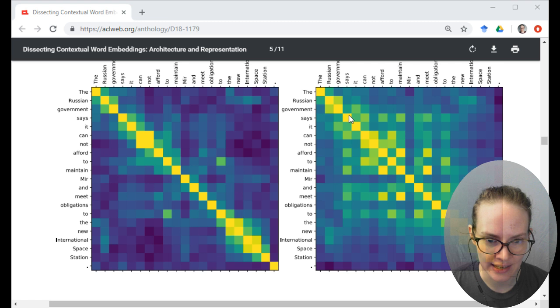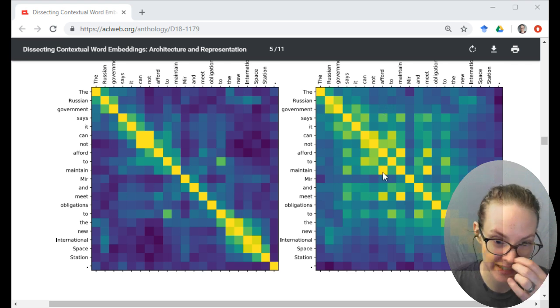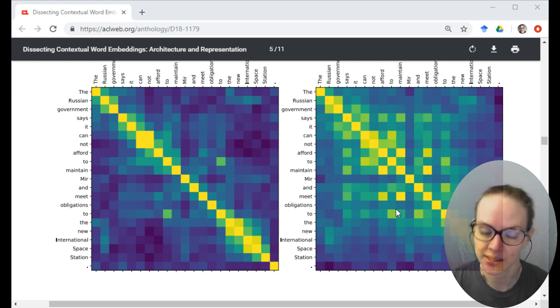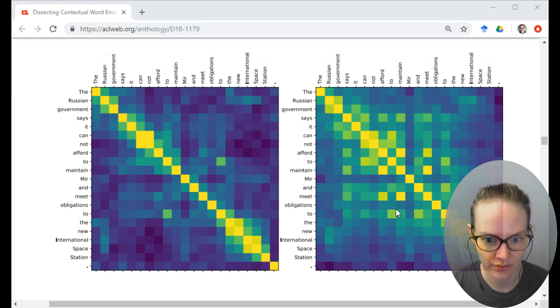So says, it looks like, has a high cosine similarity to can, afford, maintain, and meet, which are the other verbs in the sentence. Afford has a high cosine similarity to says, afford, maintain, and meet. Again, the other verbs in the sentence. So that's very interesting.